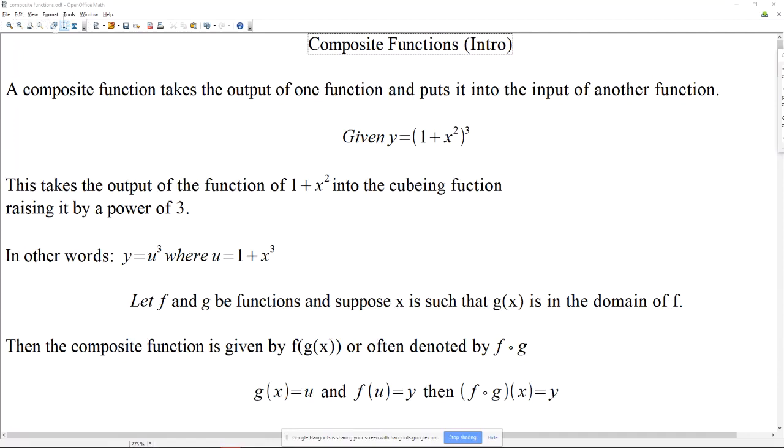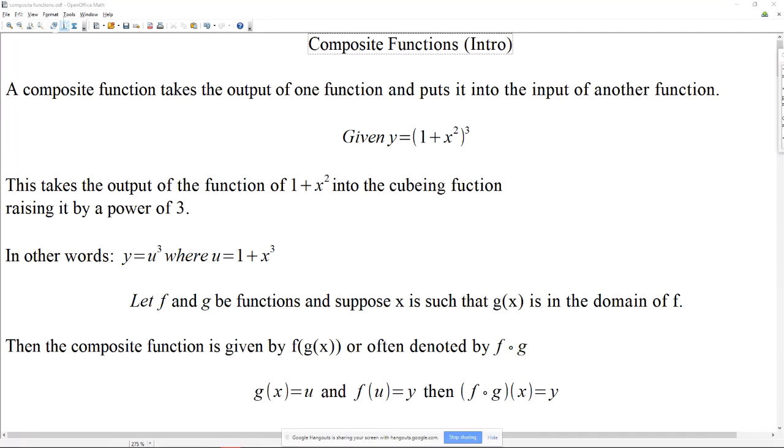Now, one thing to remember is that if f and g are functions, again, we really didn't go too much over functions and relationships, but basically a function has a one-to-one correspondence from an input to an output. I'm going to get into that a little more as we progress. Suppose g of x is in the domain of f.